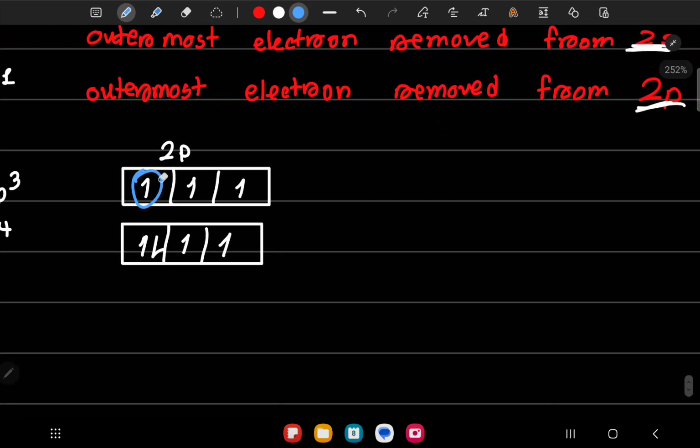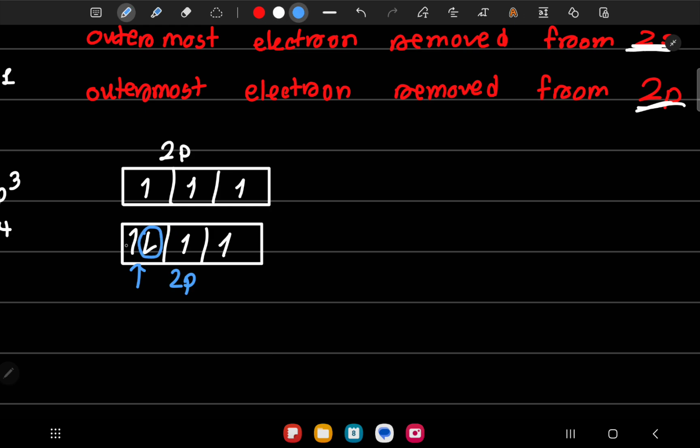When the 2p orbitals are half filled, it's harder to remove the electrons since they don't face any repulsion in their orbital. However, in the case of oxygen, this 2p orbital, this one over here, has 2 electrons. So the second electron will face some repulsion from the first electron occupying the same orbital.